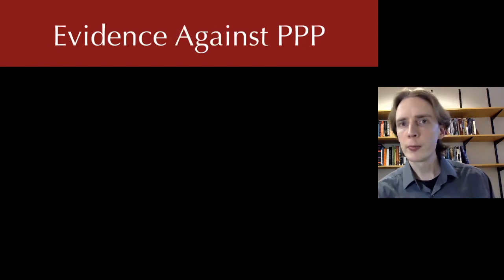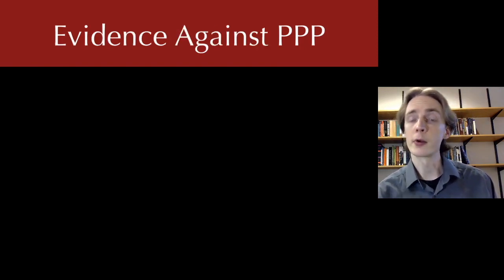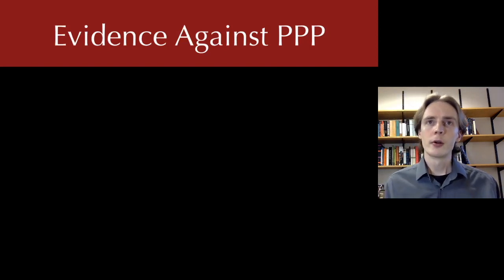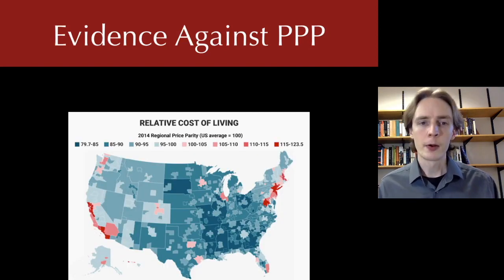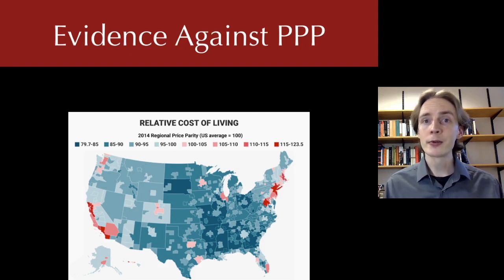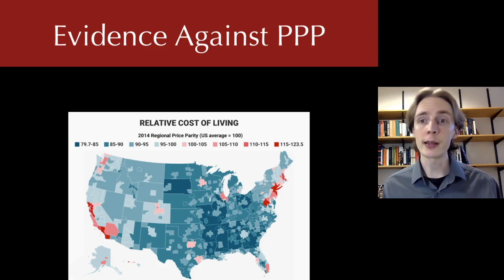Now, there's also a good bit of evidence against purchasing power parity as well. And we've seen this map already. Right? And this map you can think of as evidence against purchasing power parity in a lot of cases. If differences in cost of living don't go away between two regions that share the same currency, they're probably somewhat less likely to go away in regions that don't even share the same currency.